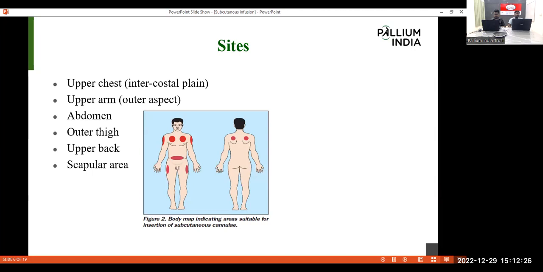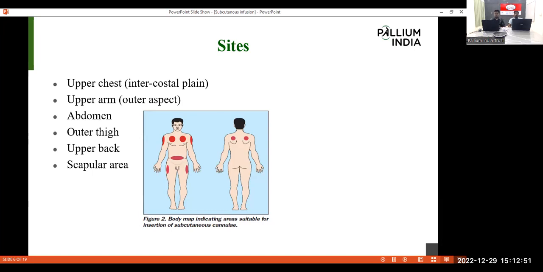But in our setting, mainly we choose the upper arm and outer thigh, because while we give the subcutaneous injection or infusion to the patient, after discharge we can educate the family member or caregiver to continue the injections if needed in their home setting, subcutaneously.